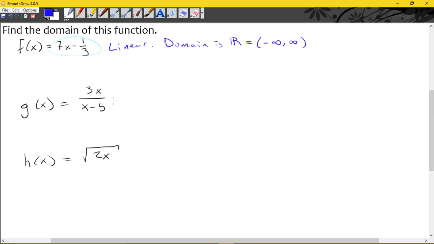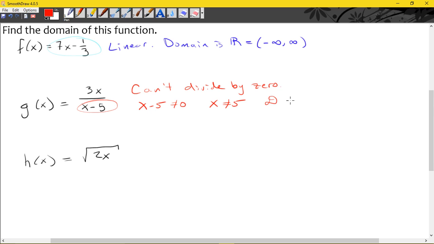Next, the other thing that can happen, which gives us some issues with our denominator, is this. What's happening here in this rational function is we've got division, and we can't divide by 0. So that means x minus 5 can't be 0, which means that x cannot be 5.